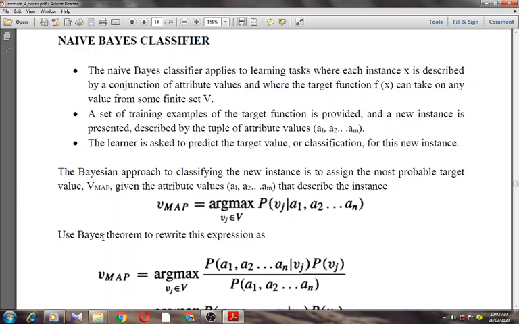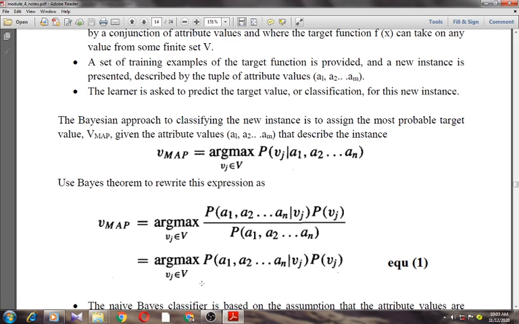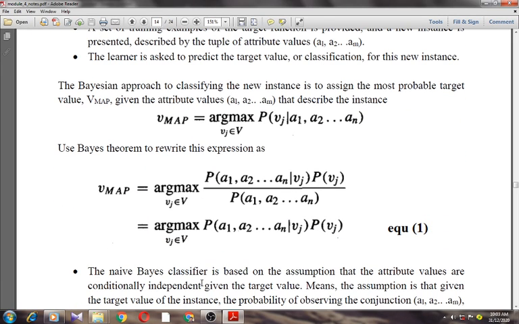Here we can also use Bayes theorem to rewrite this expression as vMAP equals argmax of P(a1, a2, a3, and so on an | vj) times P(vj), divided by P(a1, a2, a3, and so on up to an), where vj belongs to V. This in turn simplifies to argmax of P(a1, a2, a3, and so on an | vj) times P(vj), where vj belongs to V.